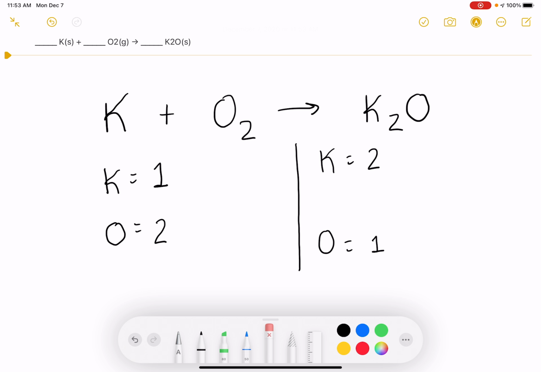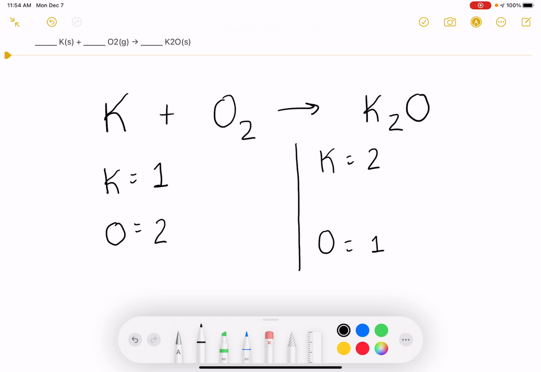How we would do this, I guess we can start with the Ks. No, let's not start with the Ks. Maybe I'll start with the Ks just so I can show you why I'm saying don't start with the Ks.